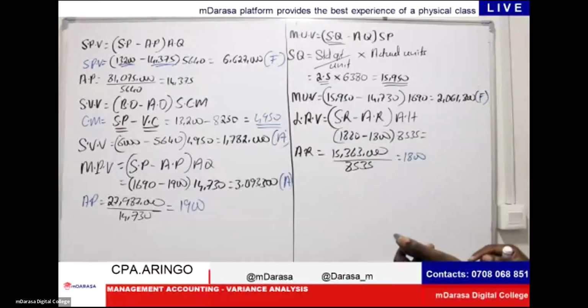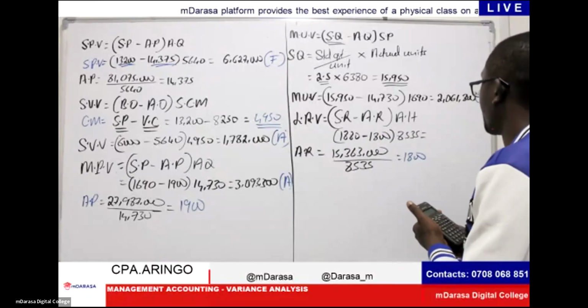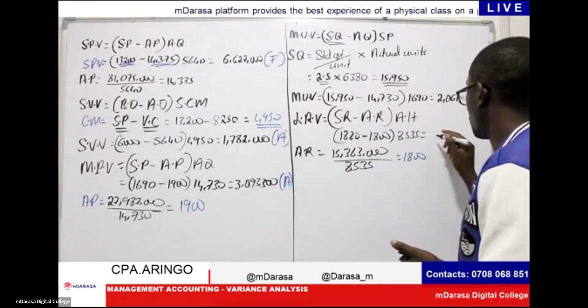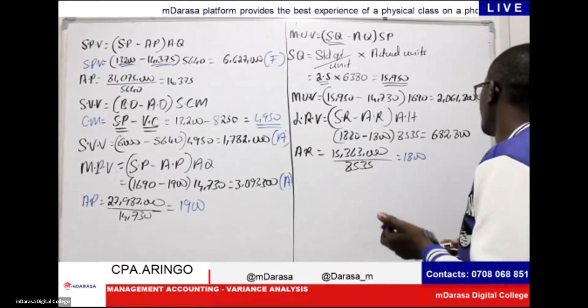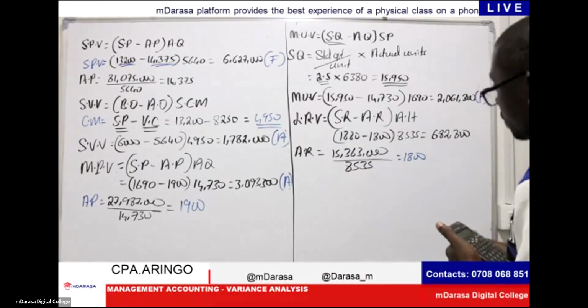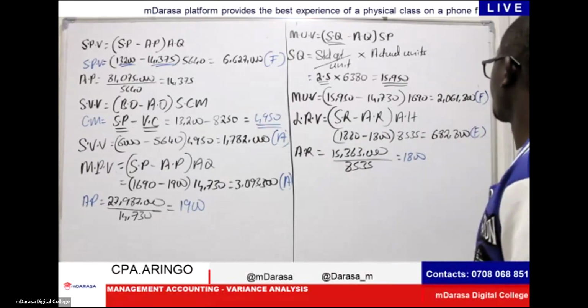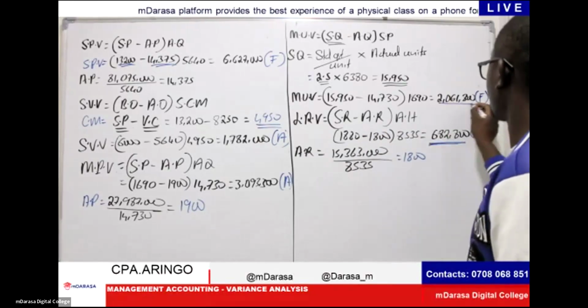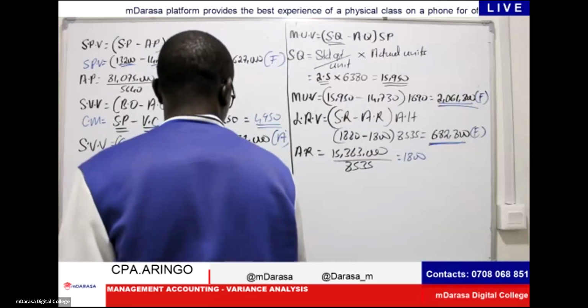We are paying less than what we had anticipated. So giving us a variance of 682,800 here, which is a favorable variance.